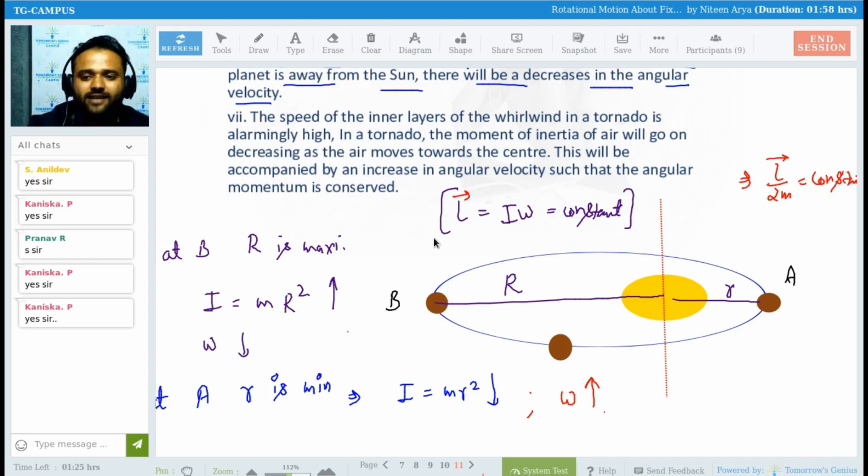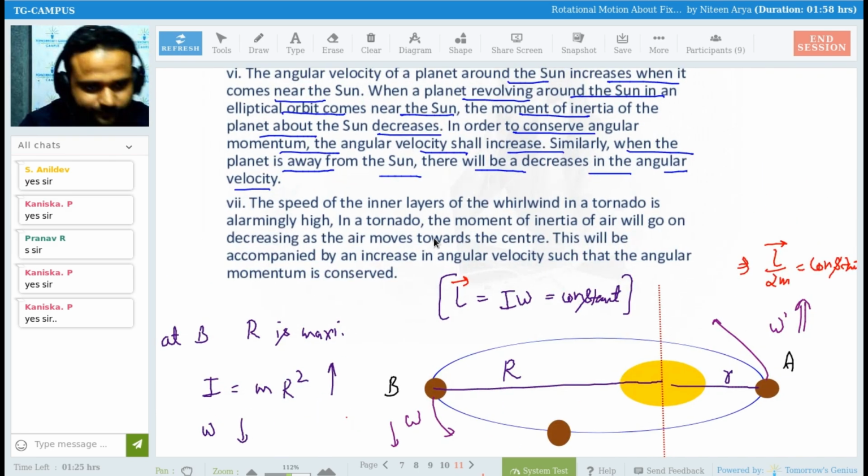Nothing more than that. It means at position A, the Earth revolves around the sun with a higher velocity, and here it revolves with a lower velocity. Omega prime high, omega less. You can write primary. Clear everyone? That is what it is.